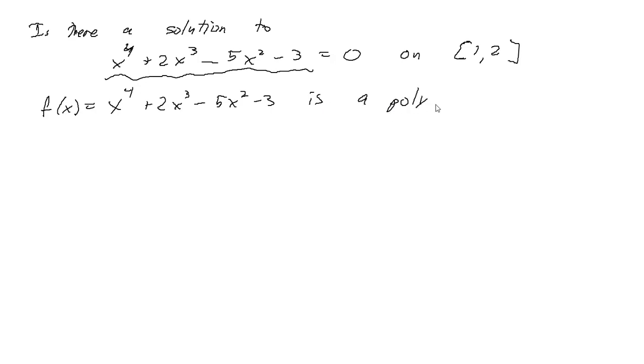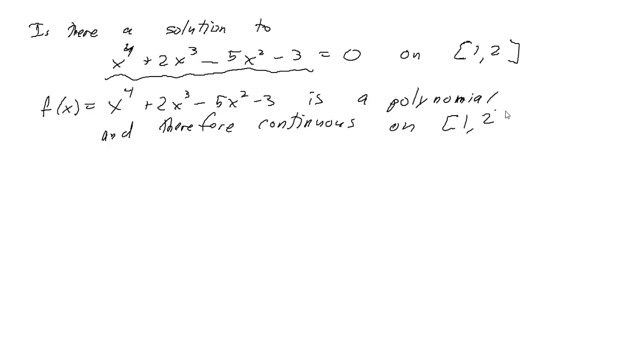If it's a polynomial, we know it is continuous everywhere, and more specifically we'll say on the interval 1 to 2. To use the intermediate value theorem, we have to have a function that's continuous on the closed interval, and then we're going to check the function values at the endpoints.